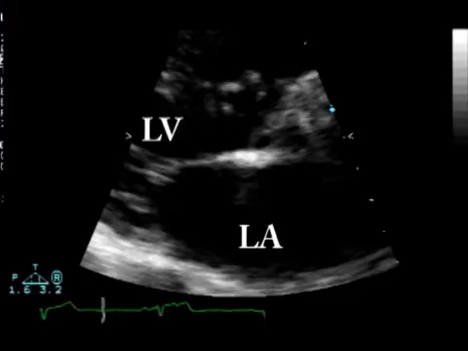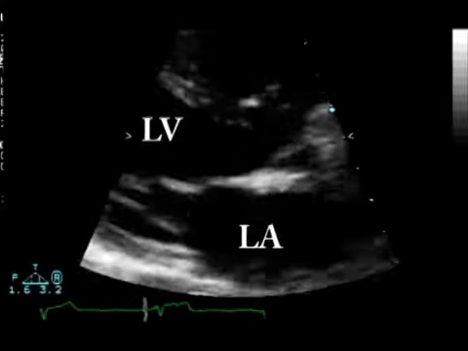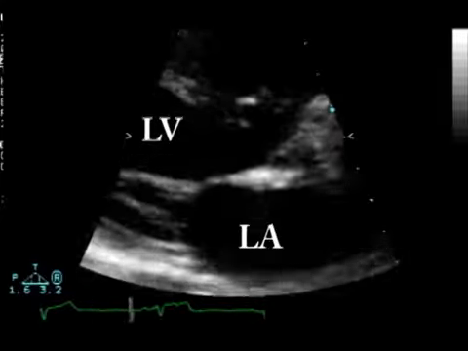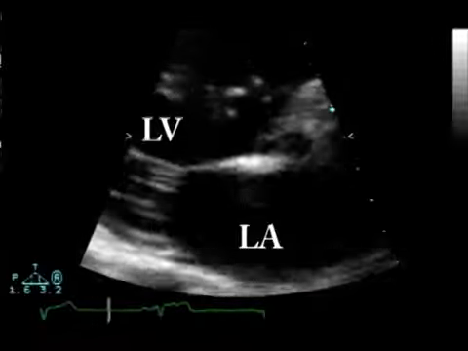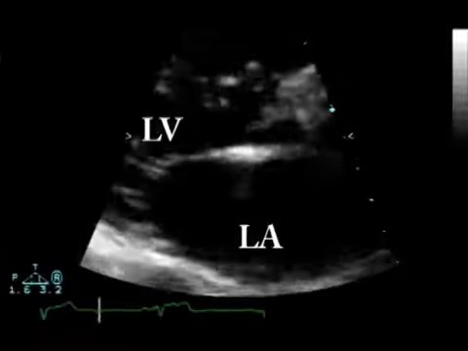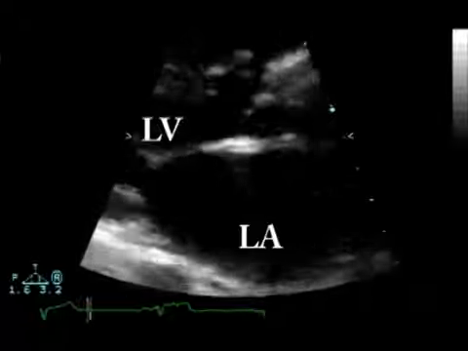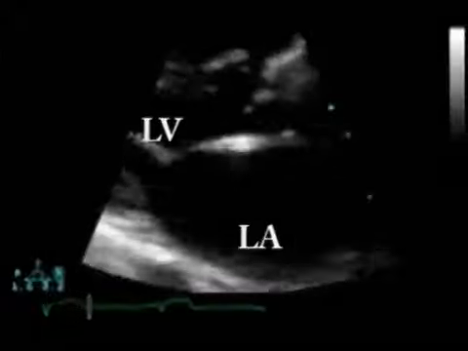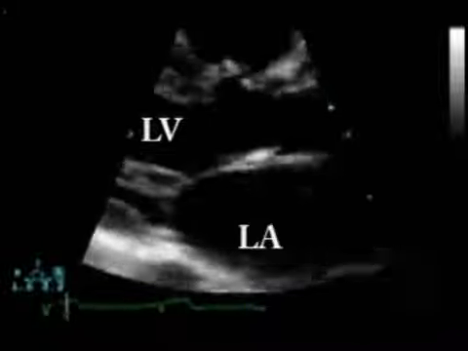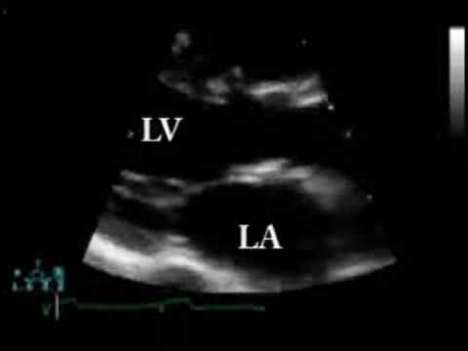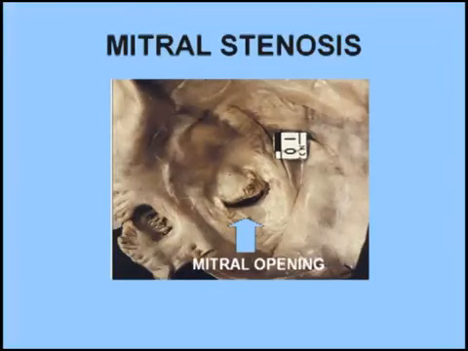Echocardiography can demonstrate the degree of stenosis as well as the size of the left atrium. With calcific mitral stenosis, the opening snap can be lost, but the murmur remains.